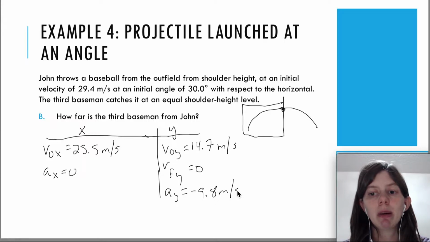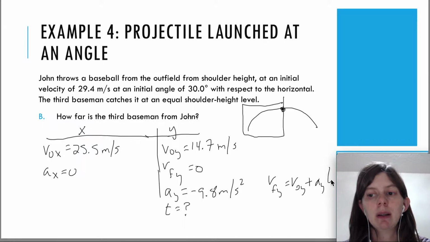So with these three variables, we can find how long it takes to get to the maximum height. We can use the first kinematic equation, which says vfy equals v initial y plus ayt. Use this to solve for t. We're going to get t equals negative voy divided by ay, and we get 1.5 seconds.